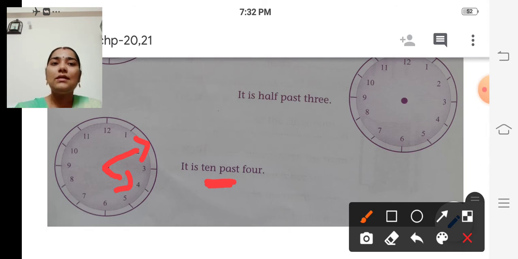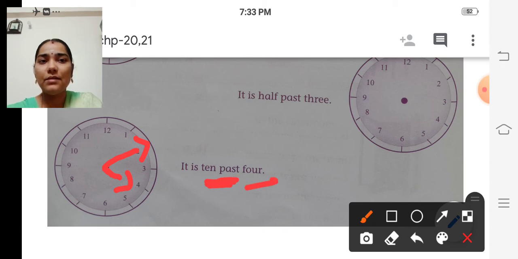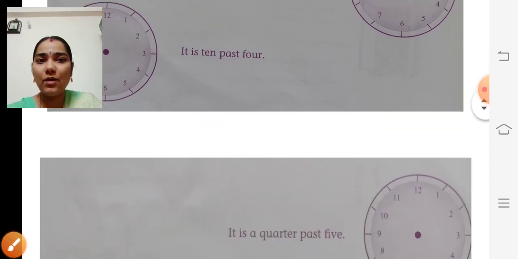So this is 10 past 4. Can you all understand, children, how to represent? Past means this is the present hour. So the hour hand should be at 4 and the minute hand should be at 2. Is it clear? Shall we move on to the next one?